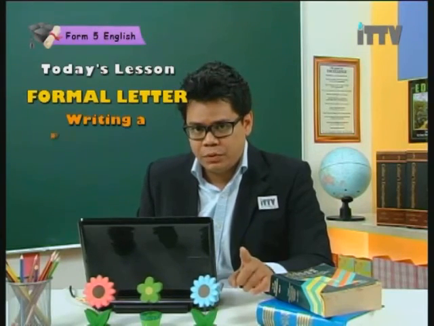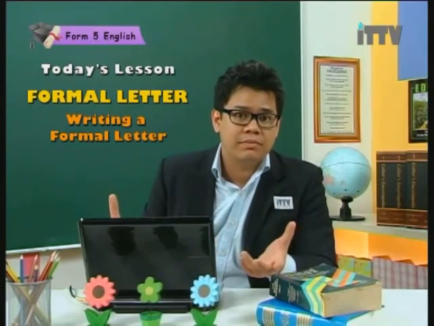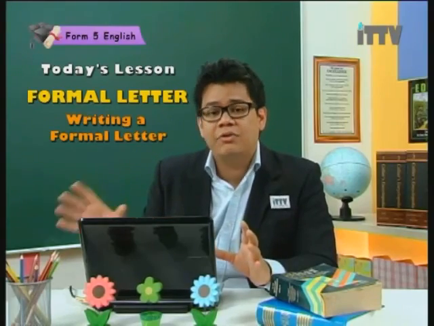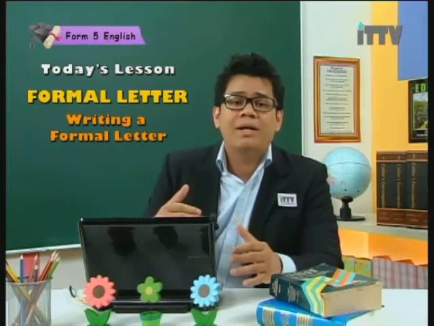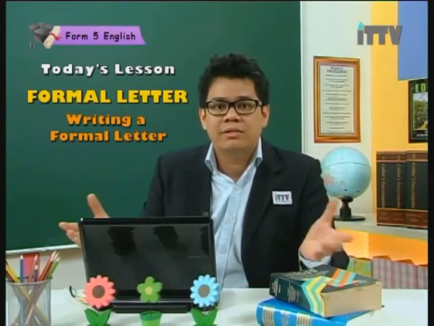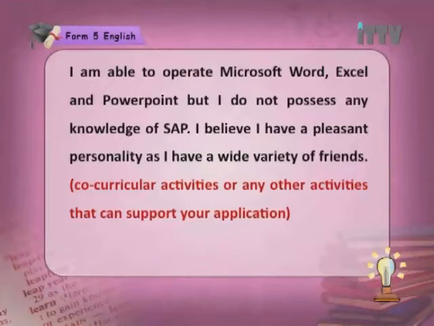Now, in the requirements, SAP, which is a data processing system, was an added bonus, which means that if you have this, there's a better chance of you getting the job. Now, he does not have this knowledge. So what he does is he straight away puts it out on the table and he says, well, I don't know how to do this. However, I have all of this other qualification.